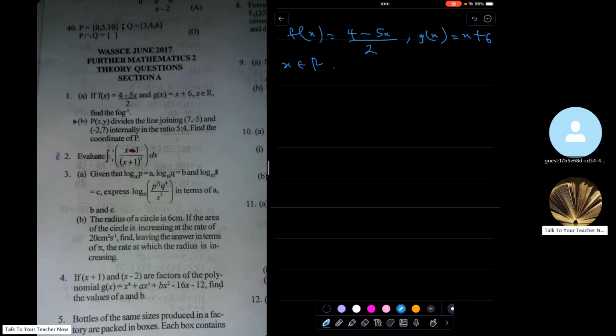Hurry up, do that and tell me what f of the inverse of g will be.